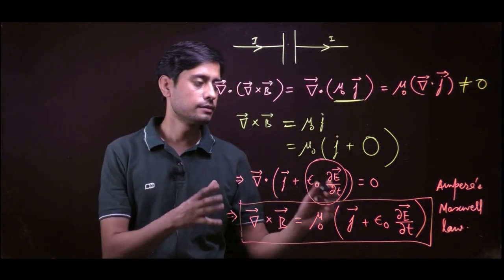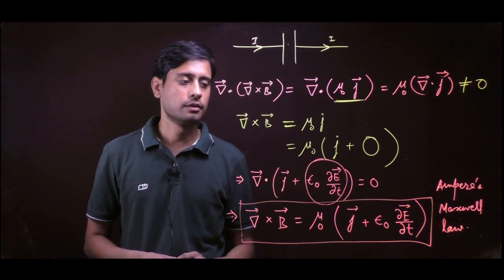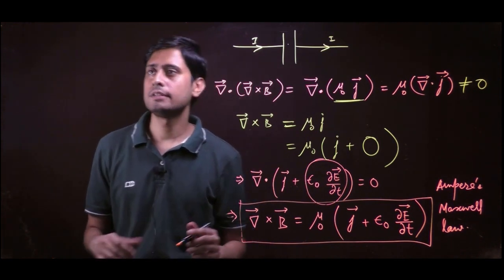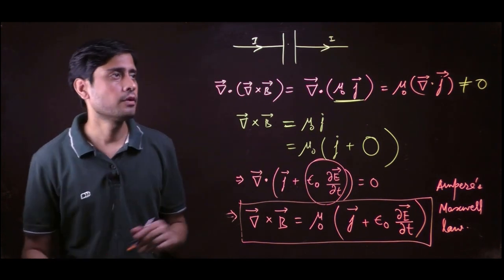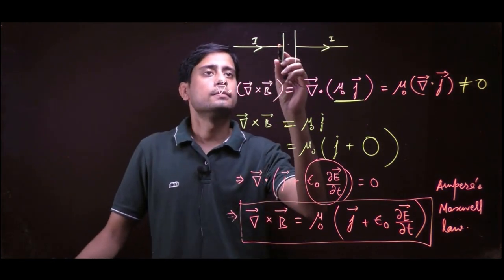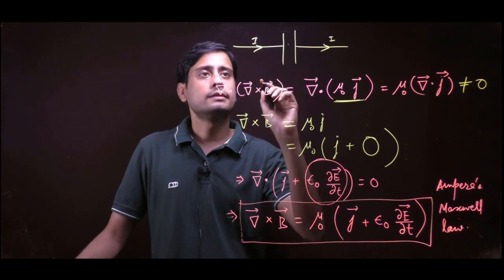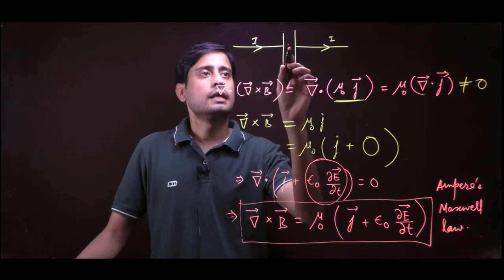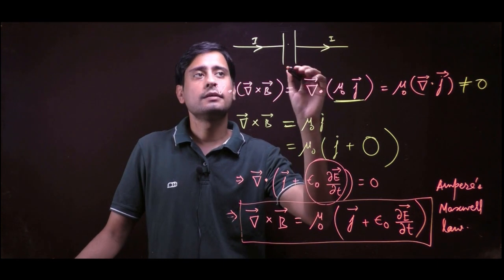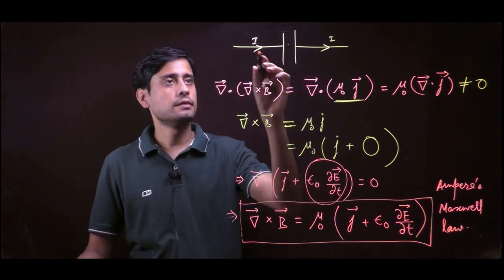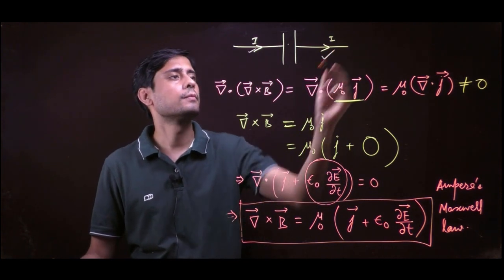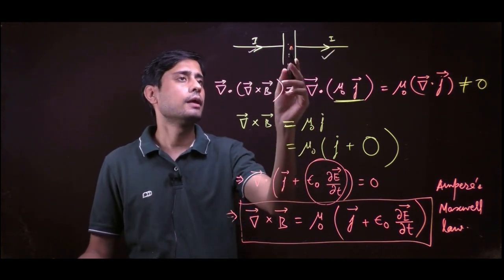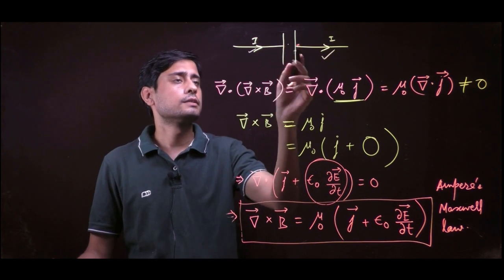To understand this new modified law, you have to imagine a physical situation of a capacitor. I have already told that in case of a capacitor, there is a transfer of charges, and in this section of wire you have current, and here you also have current, but in between the plates the circuit is open.